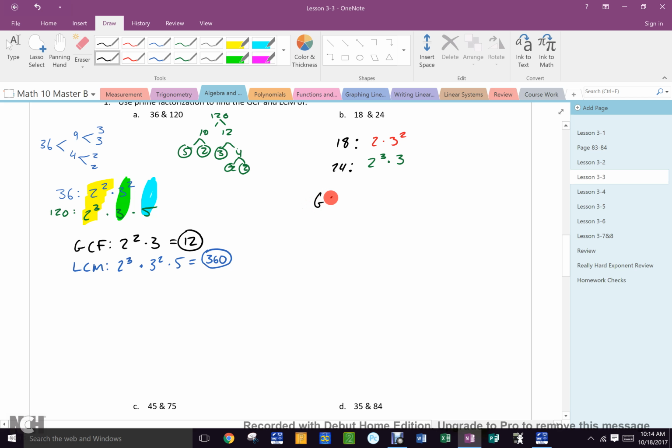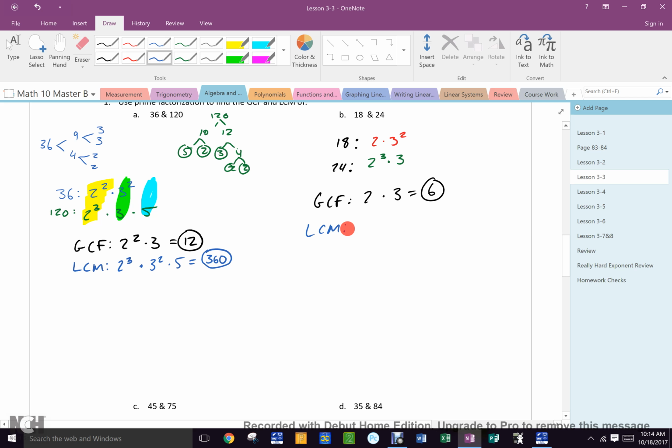For GCF, what do I need? Only what's common. How many 2's are common? 1 2. How many 3's are common? 1, 3. What's 2 times 3? 6. So my GCF is 6. My LCM, I need to count everything, yes?